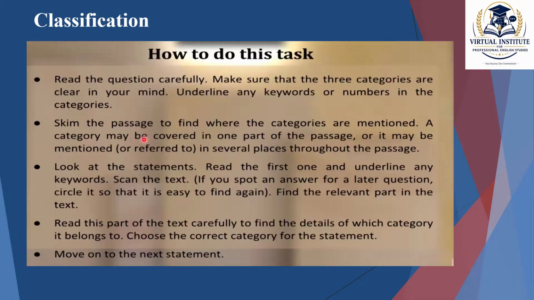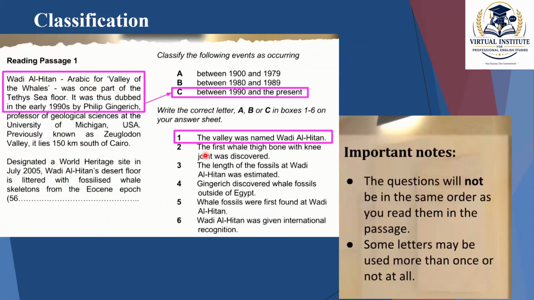Further, a category may be covered in one part of the passage, or it may be mentioned or referred to in several places throughout the passage. Now, what does it mean? It is possible that this may not be the only place where the 1900s is used. It is also possible that in the second paragraph or even the third paragraph, the 1900s is used, right? So you need to be careful.